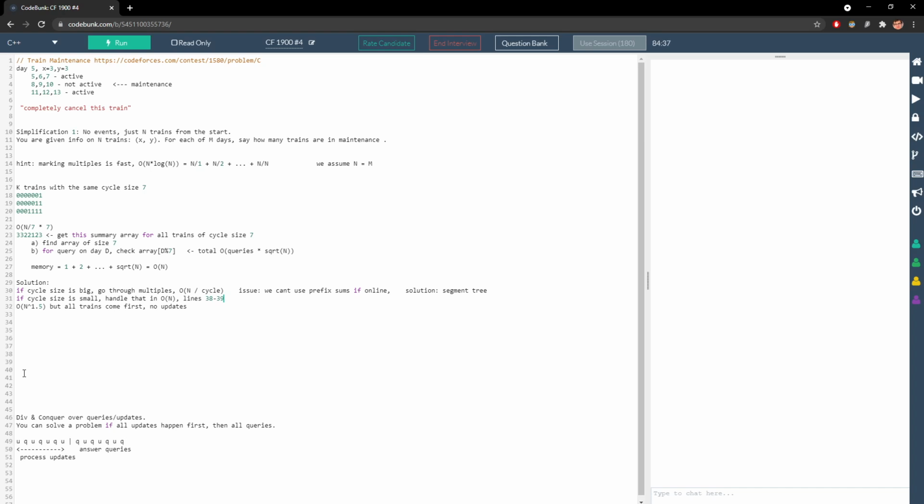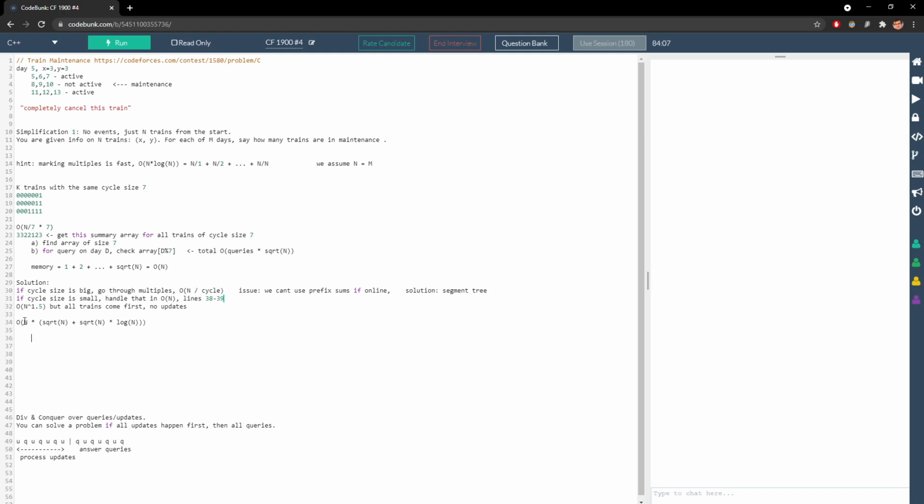So then the total complexity will be something like n divided by cycle. I still assume that n is equal to m. It will be square root of n plus square root of n times log. This square root of n times log comes from those big cycles.